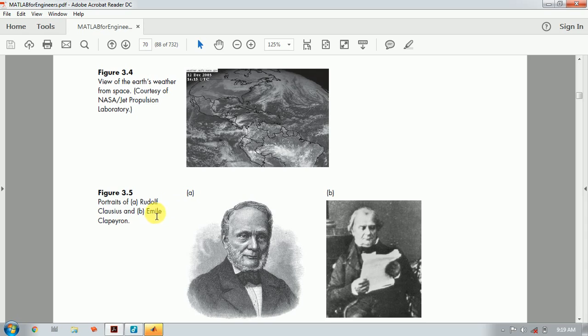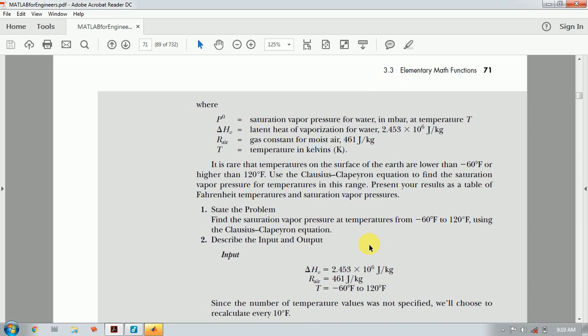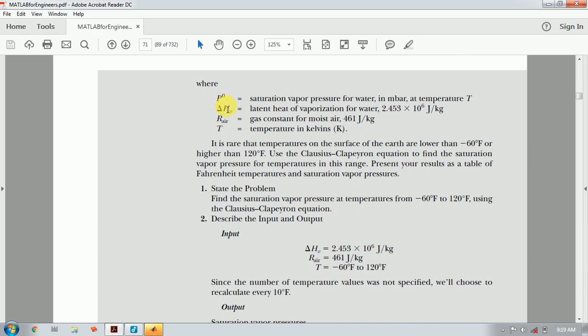This is a portrait of Rudolf Clausius and Emil Clapeyron, scientists, physicists. And e is the saturation vapor pressure for water in millibar at temperature T in Kelvin, and ΔHv is the latent heat of vaporization for water, equal to 0.453 times 10^6 joule per kilogram.